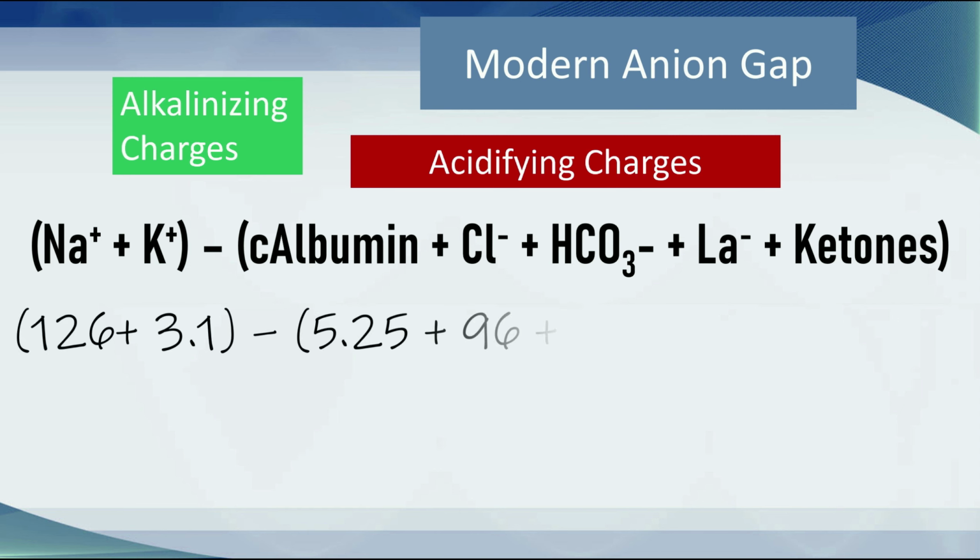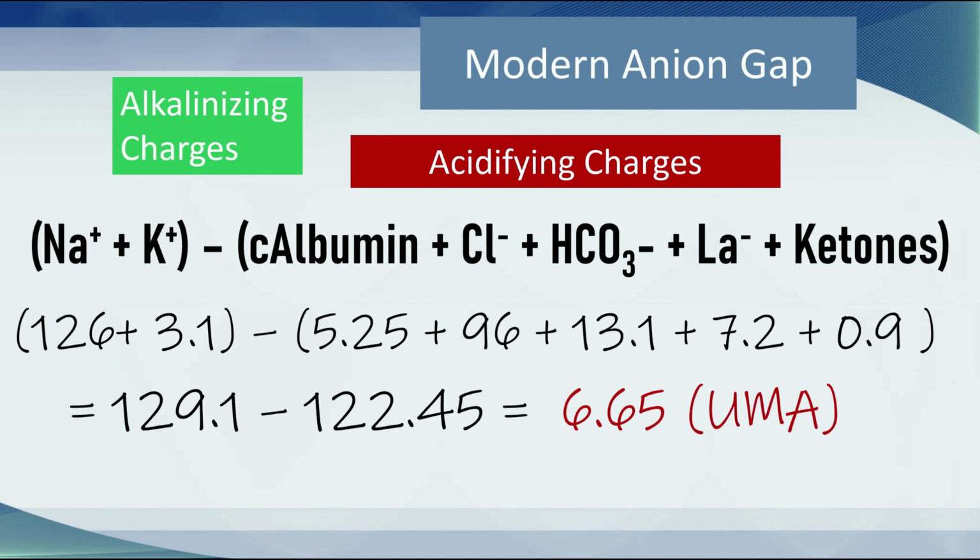So 126 plus 3.1 minus 5.25 plus 96 plus 13.1 plus 7.2 plus 0.9 gives us a fully corrected anion gap of 6.65. And that is the number of unmeasured anions that are present in this patient's system.